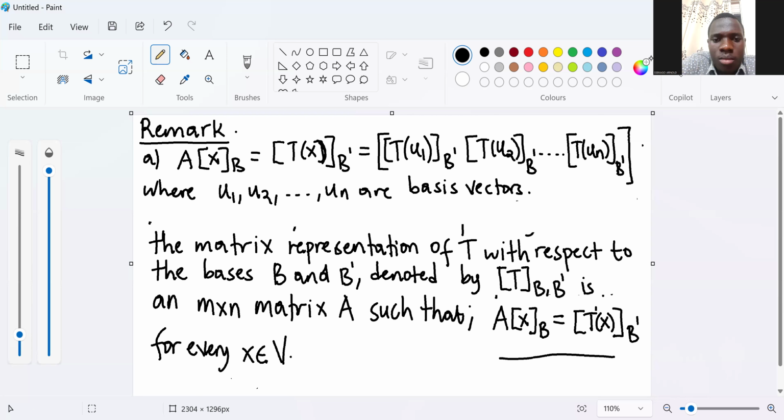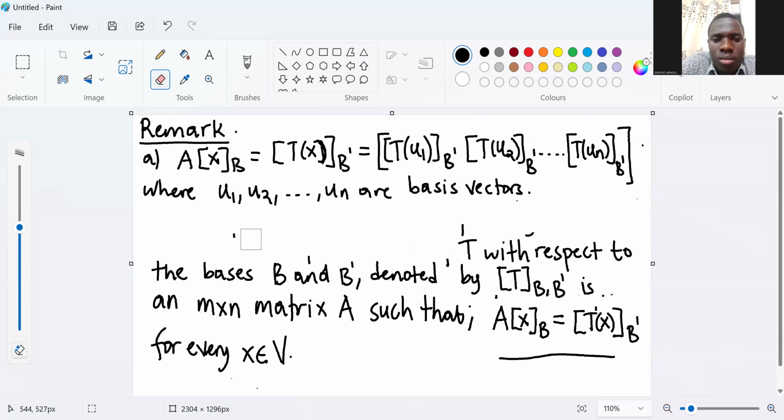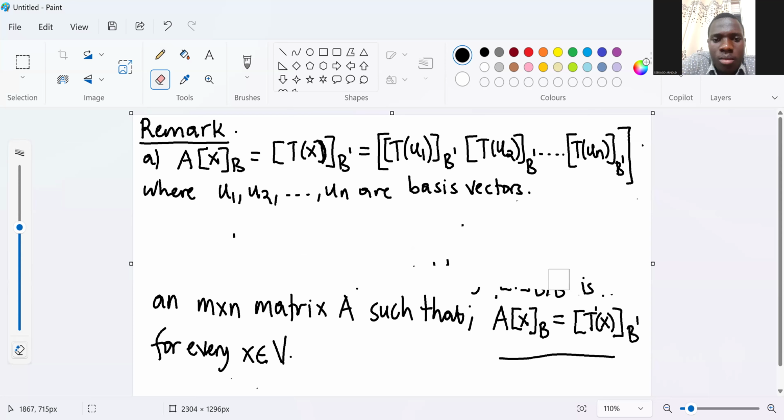Then also, what else? If I look at an example. Now, if we have a linear operator, don't forget that a linear operator is a linear transformation from the same thing into the same thing. The image is equal to the domain.